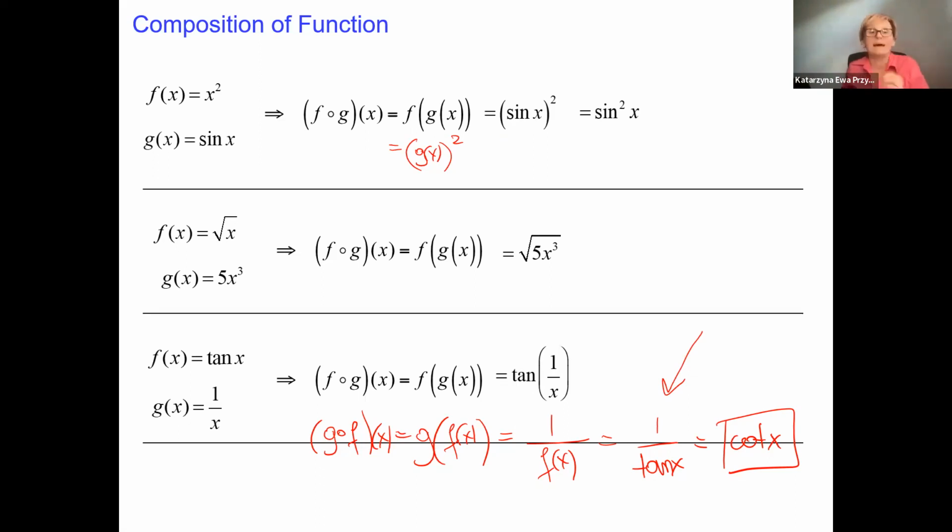Now, when we see the composition of two functions and we know how to identify outer and inner function, we have to find the derivative.